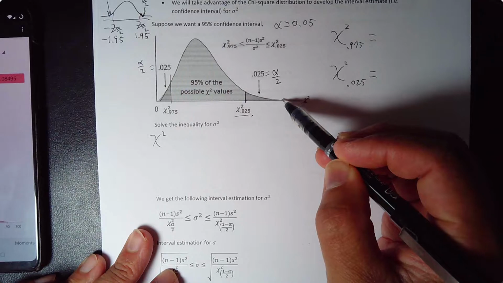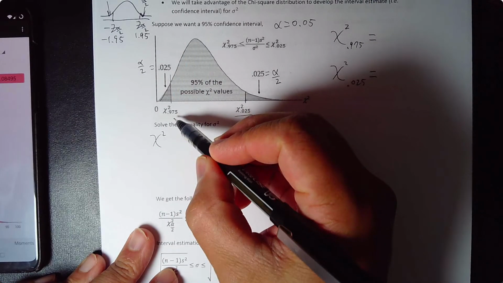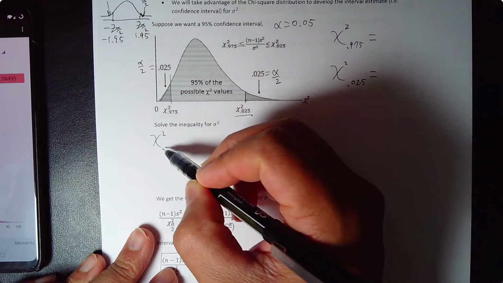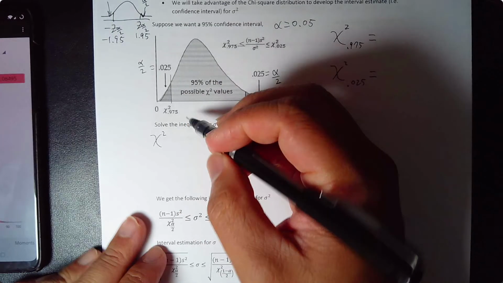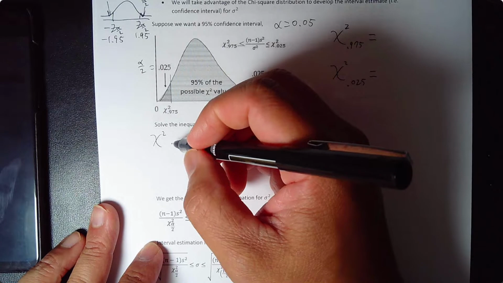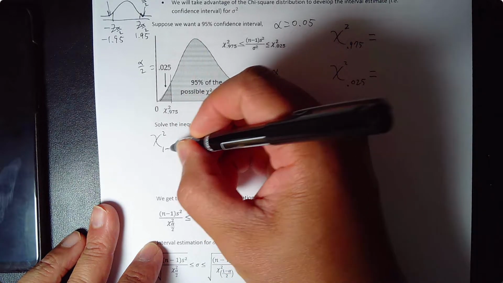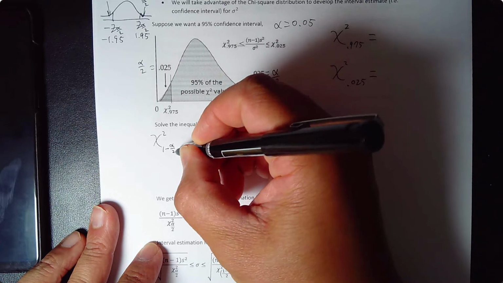That's what gives us the critical value. So instead of writing 0.975, I'm going to write it as 1 minus alpha half, like so.